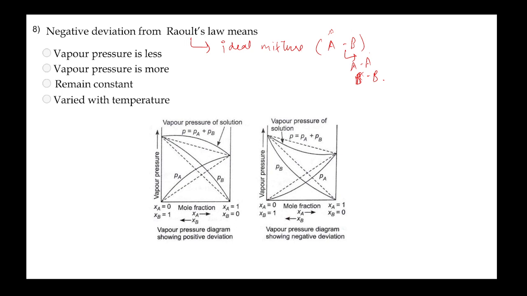I had also mentioned that the interaction between A and B can be weaker as compared to both AA and BB, or it can be stronger also.